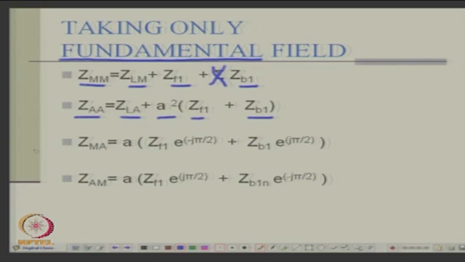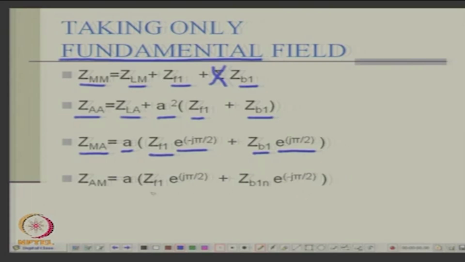And ZMA, that is the mutual impedance, will be A times ZF1 e to the power of minus j pi by 2, and ZB1 e to the power of plus j pi by 2.